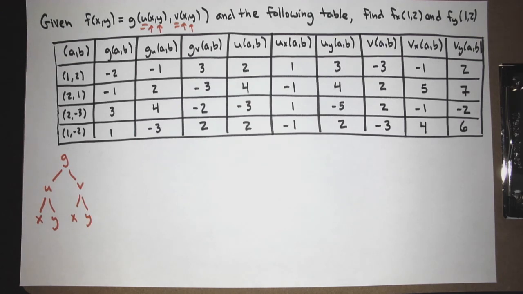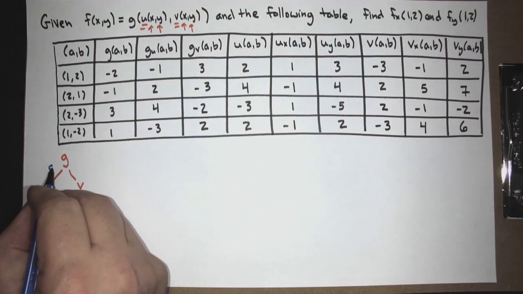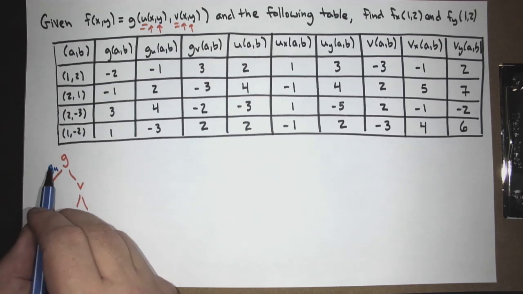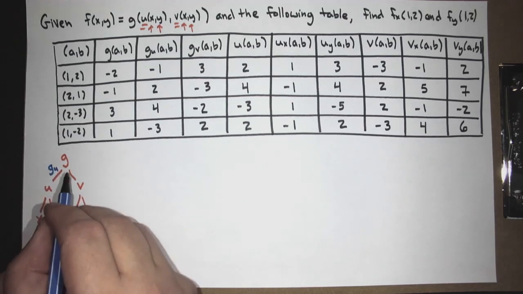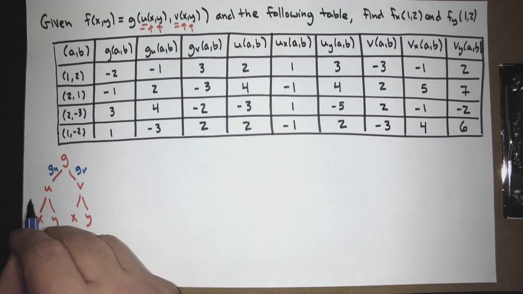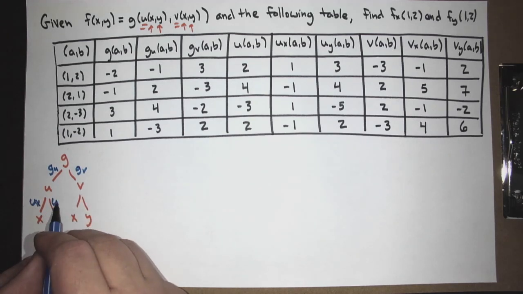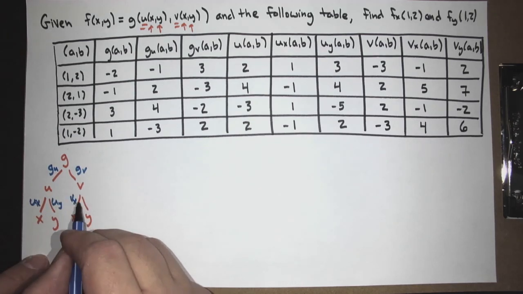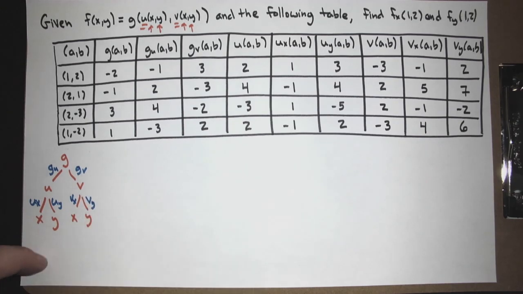So we can mark our partial derivatives. And here I'm going to use the subscript notation just to have some sanity. So we have g sub u, derivative of g with respect to u, g sub v, derivative of g with respect to v, u sub x, u sub y, v sub x, v sub y. All right, there's our tree.